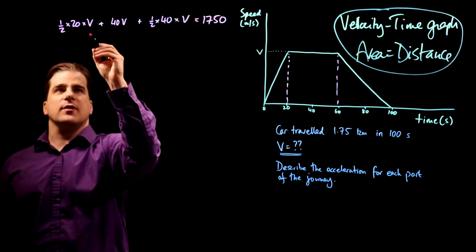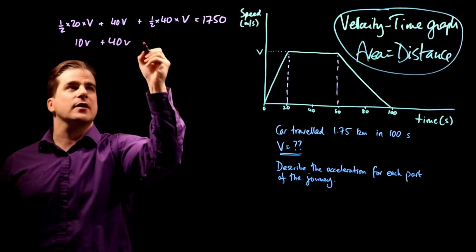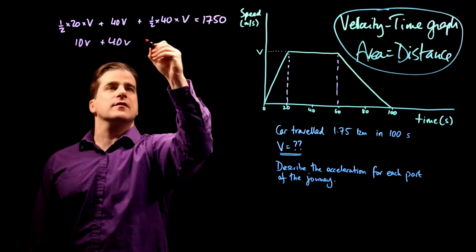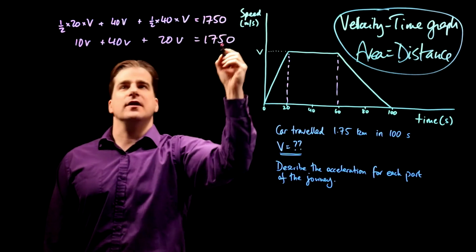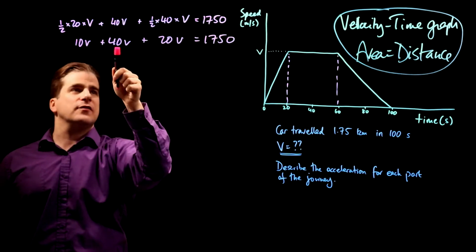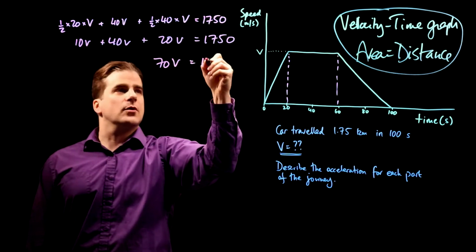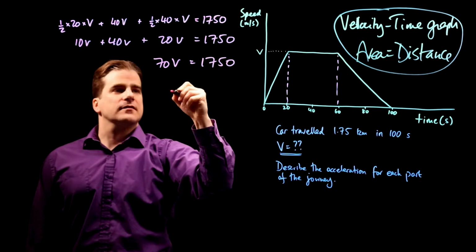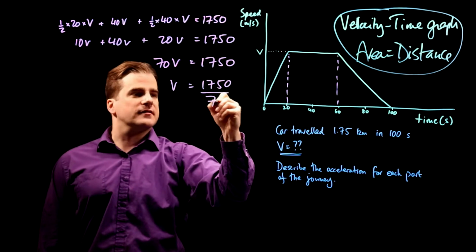So half times 20 is 10, that's 10v, plus 40v, plus half of 40 is 20v, equals 1750. 10 plus 40 is 50, plus 20 is 70. So 70v is 1750. So v is 1750 divided by 70.